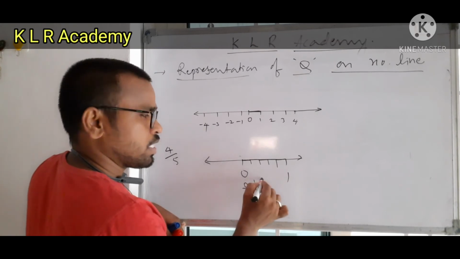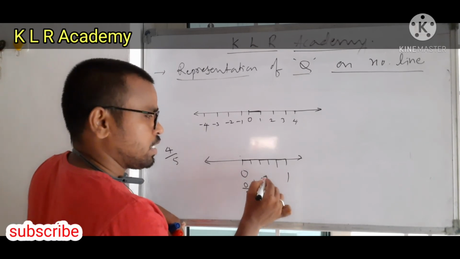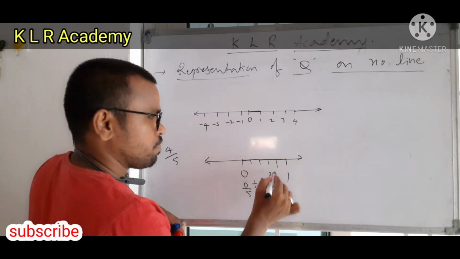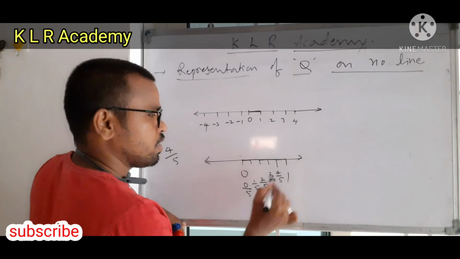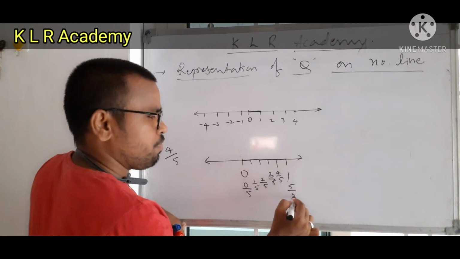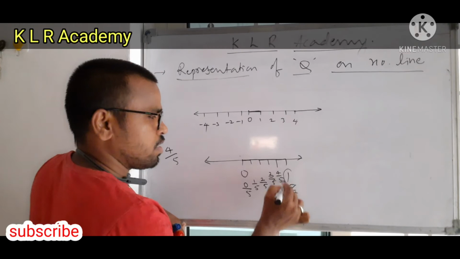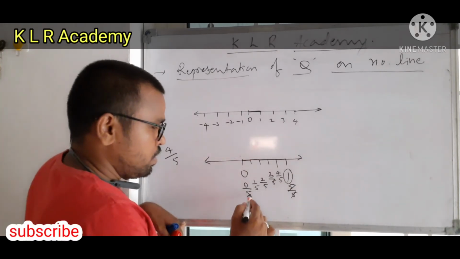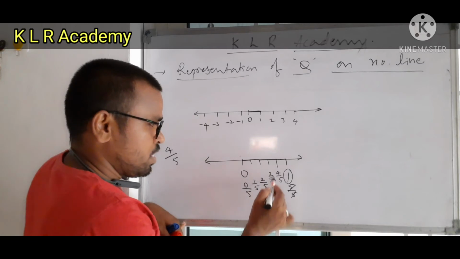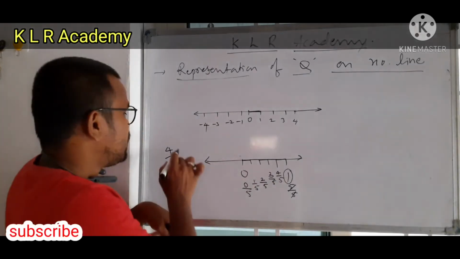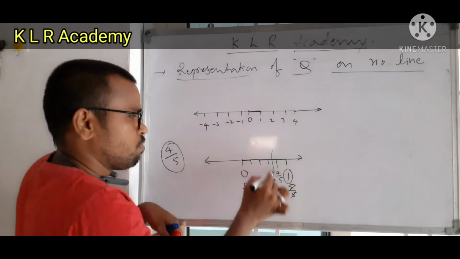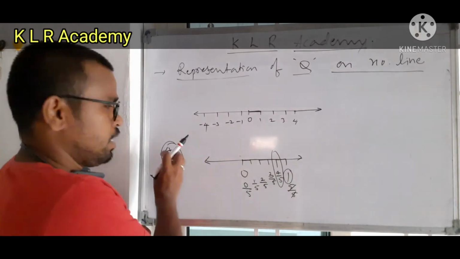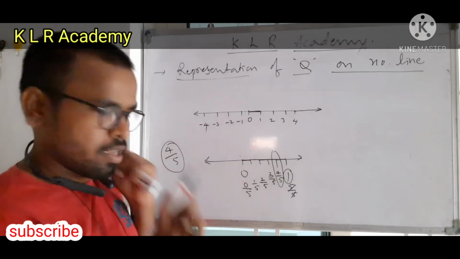This is 2 by 5, this is 3 by 5, and this is 4 by 5. And this is 5 by 5, the 5 gets cancelled, the answer is 1. Clear? Our number is 4 by 5. Representing a proper fraction on the number line is clear.